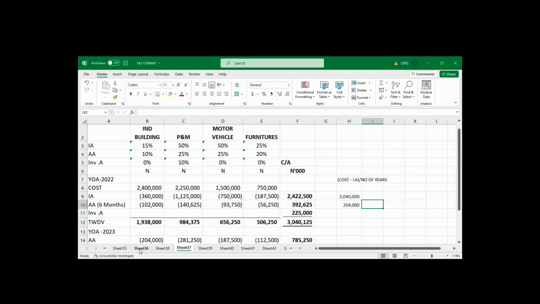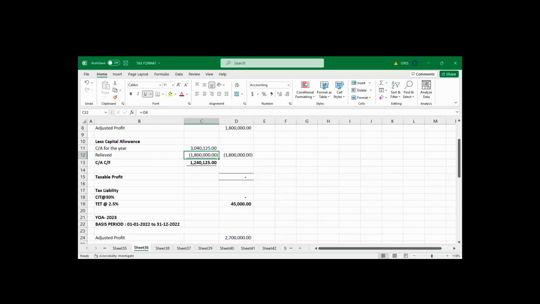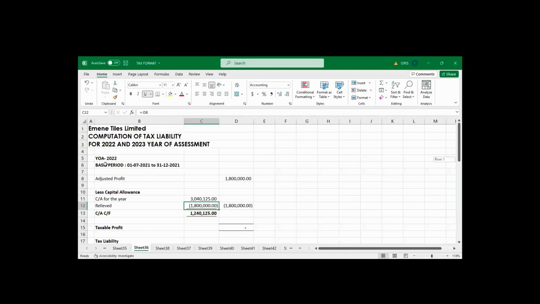The basis period of the 2022 year of assessment started from 1st of July 2021 and ends on 31st December. How many months do we have for this period? 6 months.